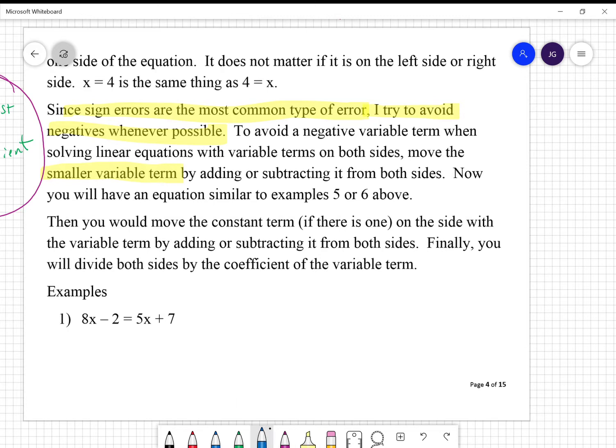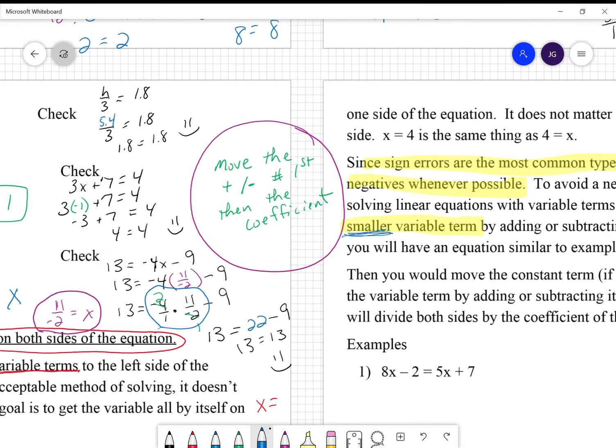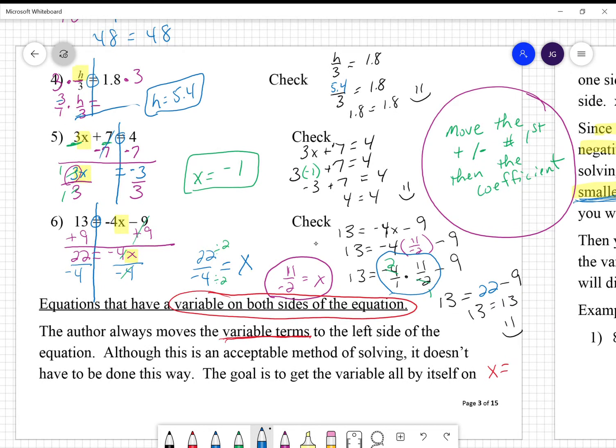So to repeat, to avoid a negative variable term when you're solving, if you have variable terms on both sides, move the smaller variable term. You might be adding it, you might be subtracting it. It actually depends on what that term is. Once you do that, you're going to get a problem that then looks like 5 or 6 that we did in the earlier lesson.